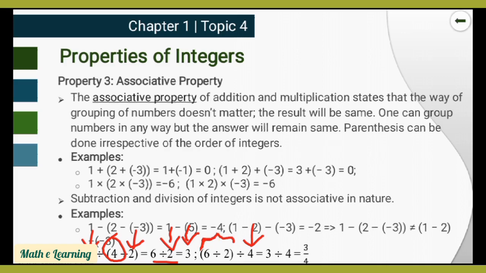And first we solve these brackets. 6 divided by 2 is equal to 3. 3 divided by 4 is equal to 3 upon 4. And now we compare this result, 3 and 3 upon 4. Both are different. That means associative property does not apply to division.